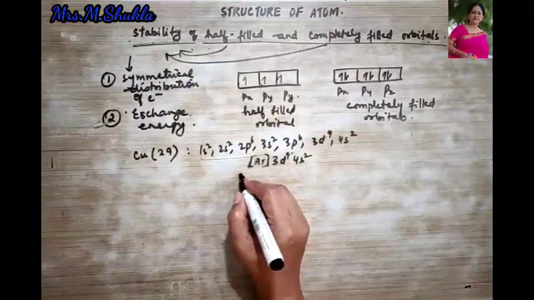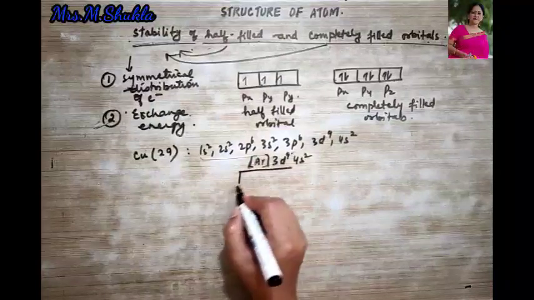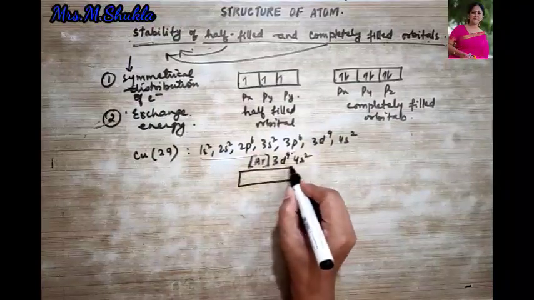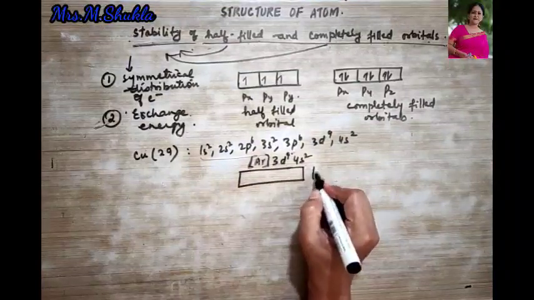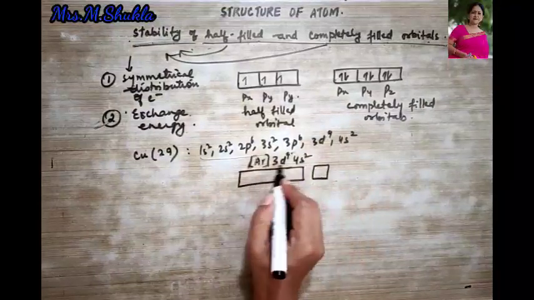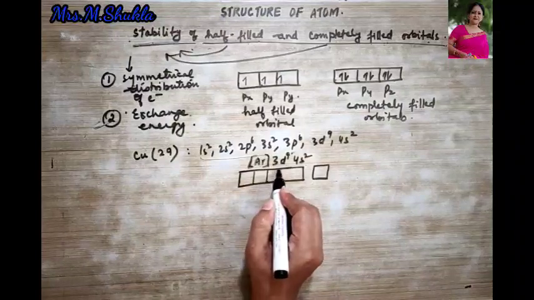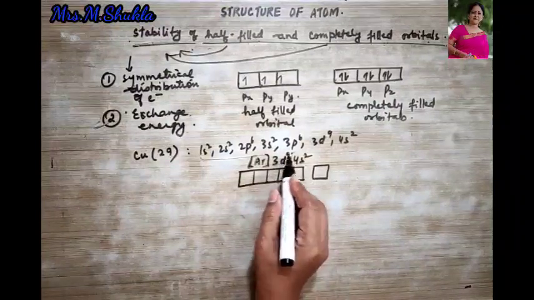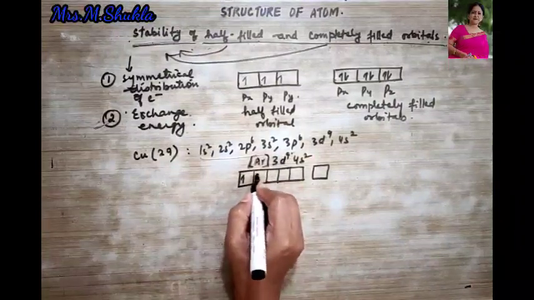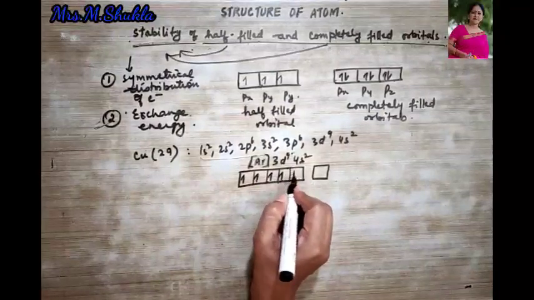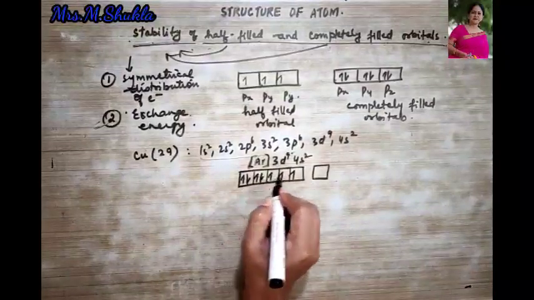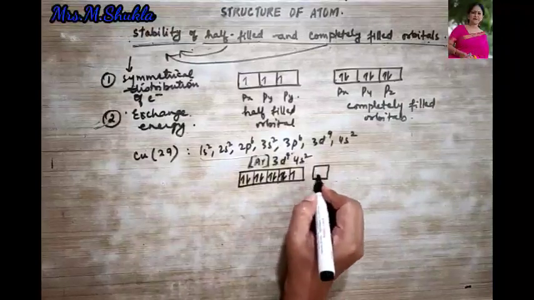Now let us draw and observe. This is for 4s2. 3d. D means how many orbitals? 5. 1, 2, 3, 4, 5. It's 9. 1, 2, 3, 4, 5, 6, 7, 8, 9.